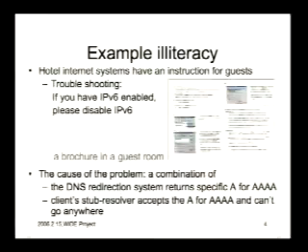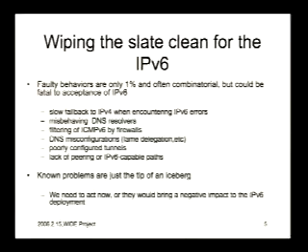I will talk about the details later. We found that faulty behaviors are only 1% and often combinatorial, but they could be fatal to acceptance of IPv6.